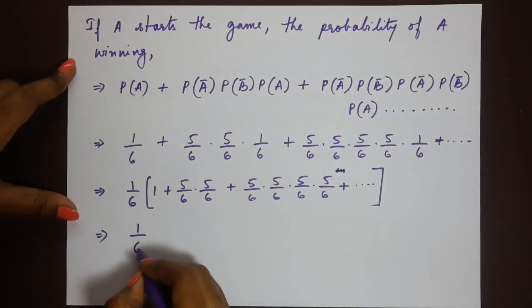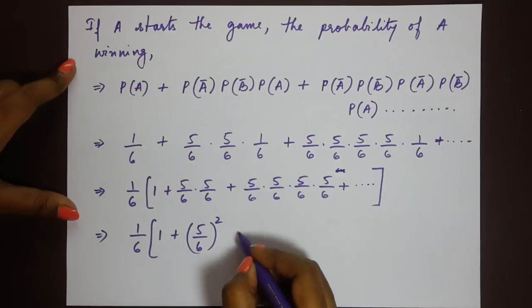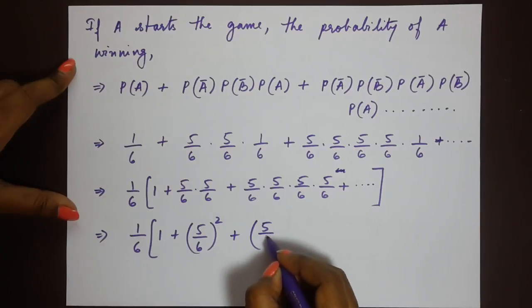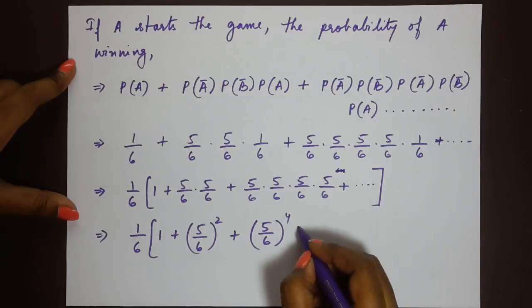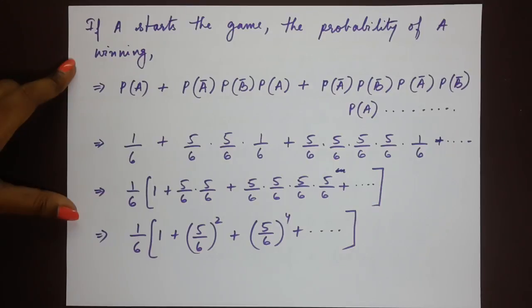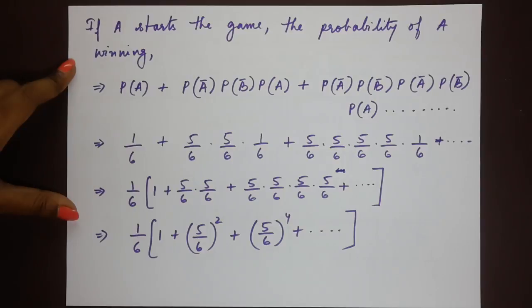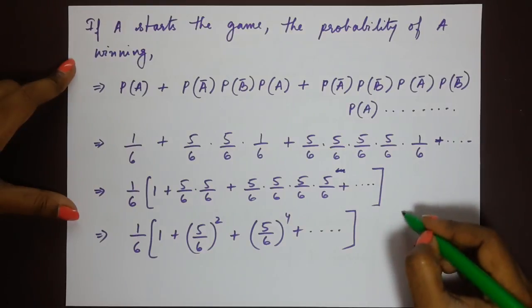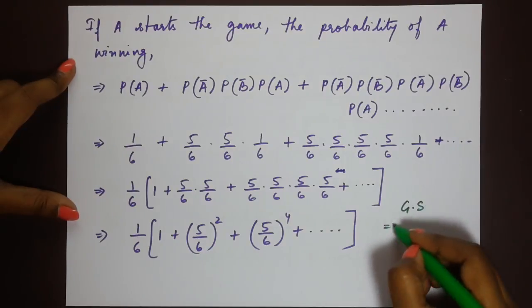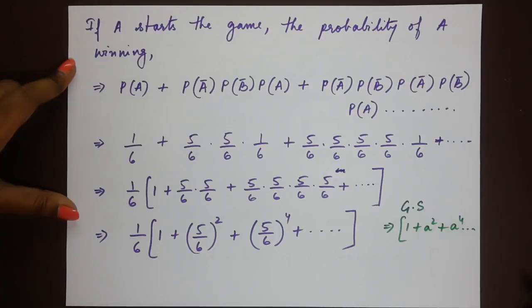So let's resolve this further. 1 plus 5 by 6 square plus 5 by 6 power 4 plus so on, 5 by 6 power 6 and so on. Now if you notice here, this is in the form of a geometric series. I'll write the series on the side over here. It resembles a geometric series of 1 plus a square plus a power 4 and so on and so forth.